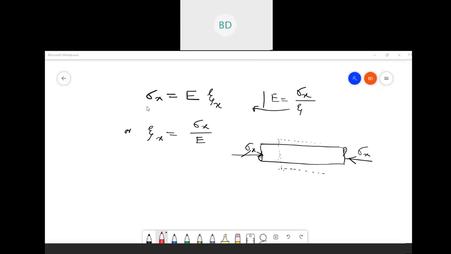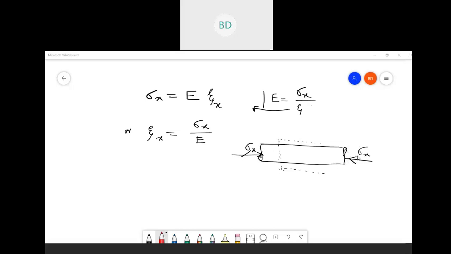So I'll tell you, this is sigma x equal to Young's modulus into strain in x direction. That means you know that Young's modulus is stress by strain, so that formula I have written. Now suppose you have a shaft and you have compressed it from x direction.